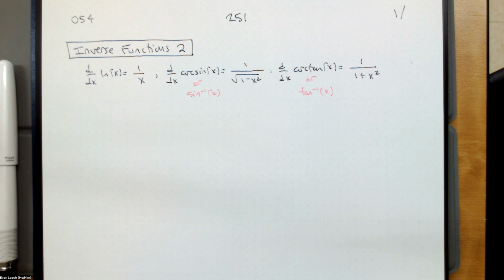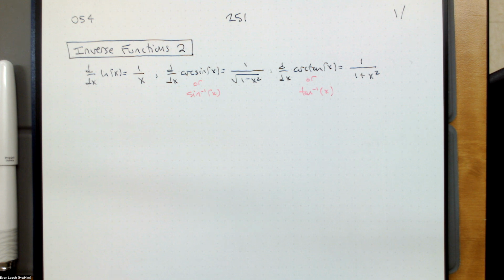When we think about the sine function, we know that that's not invertible. There are an infinite number of x's that produce a particular y value. So for sine, we restrict that to the first and fourth quadrants. We only need two quadrants that are connected together that have positive values and negative values. Sine is positive in the first quadrant, sine is negative in the fourth quadrant.